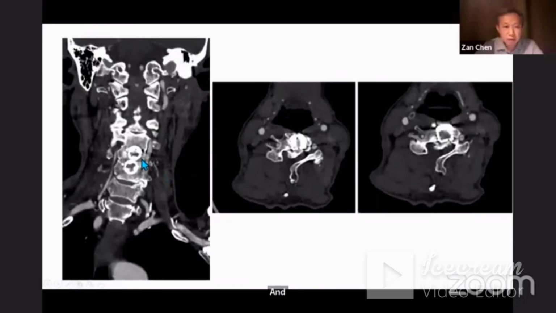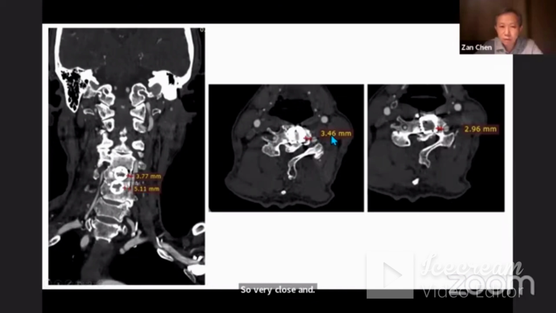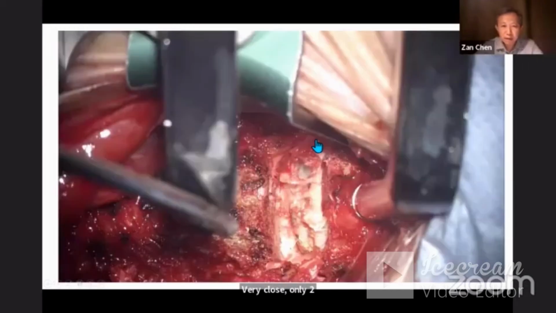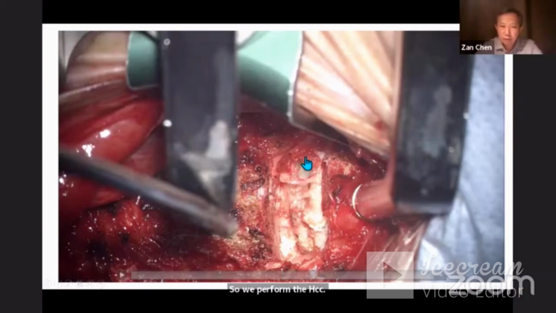And we found the cage is too lateral, very close to the vertebral artery on one side, only 3 millimeters from the vertebral artery. So we performed the ACCF for the patient. We pull up the 3 vertebral bodies.